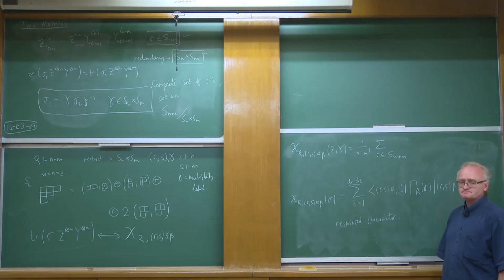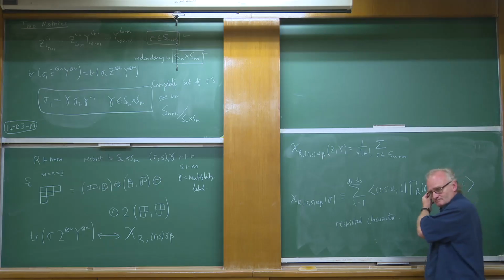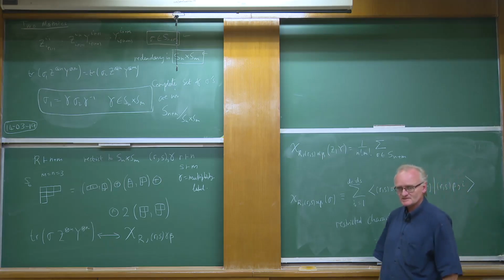I'm saying that if you take a representation of the coset, that representation will have labels capital R and S, because you want a representation of the coset. And then if you want to calculate the character of sigma in that representation of the coset, it is different than that.